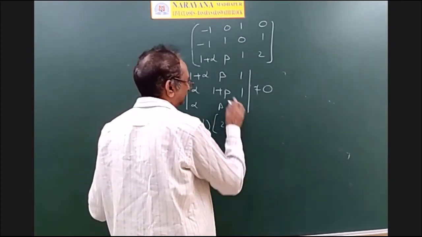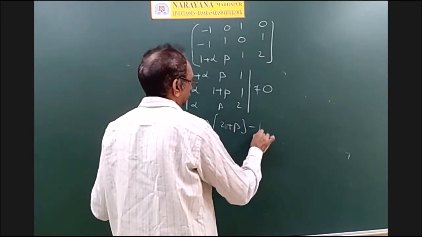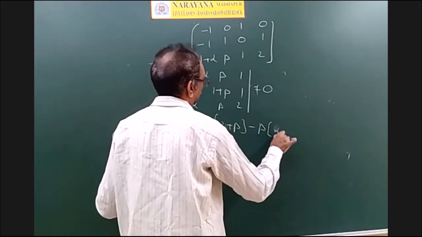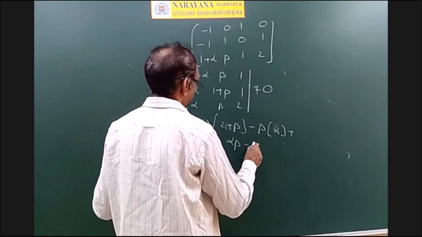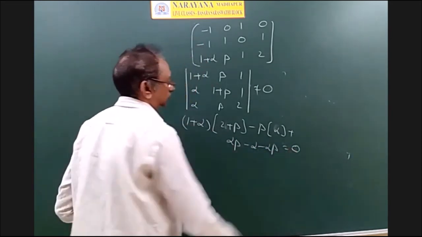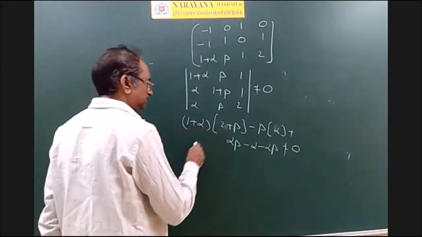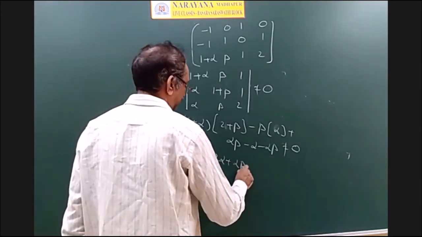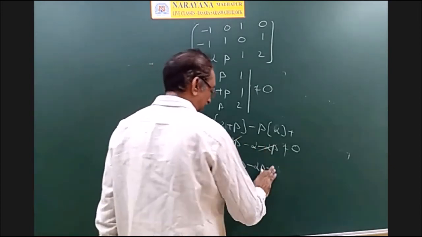So 2 plus 2 beta minus beta, that is plus beta, minus beta into 2 alpha minus alpha, alpha plus alpha beta minus alpha beta is not equal to 0. It should not be equal to 0. Expand this: 2 plus beta plus 2 alpha plus alpha beta minus alpha beta. These two are already cancelled.